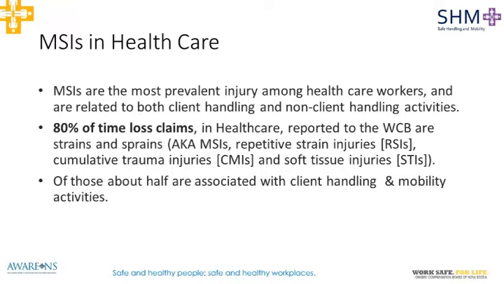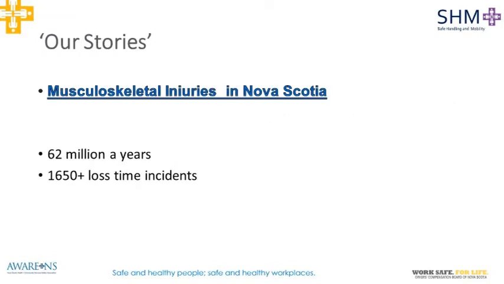We know that about half of those injuries are directly associated with handling and mobility activities. So when we talk about injuries that happen as a result of repositioning, movement, transportation or shifting of residents and clients, we have to think of some of the costs that are incurred for that.